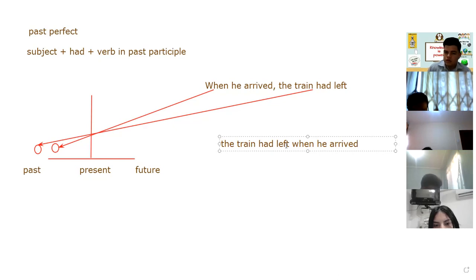How do we connect the past perfect and past simple? We use time words, okay? Or if you only want to use the past perfect and no past simple, yes, you can say only the train had left. It's okay because you use past perfect. But if you want to add more information to say when this action happened, at what time, you can use past simple, okay?